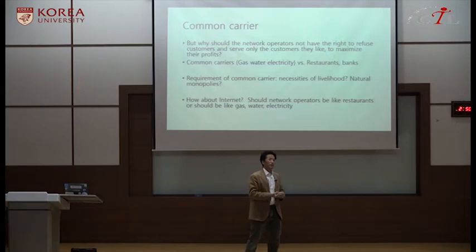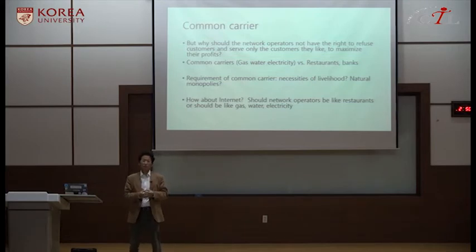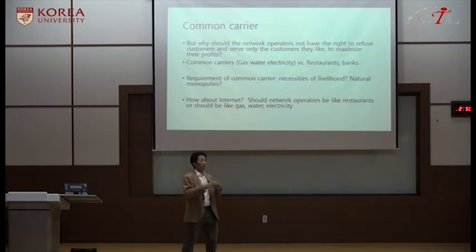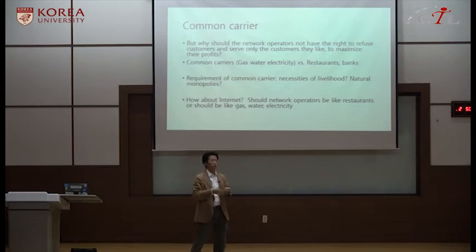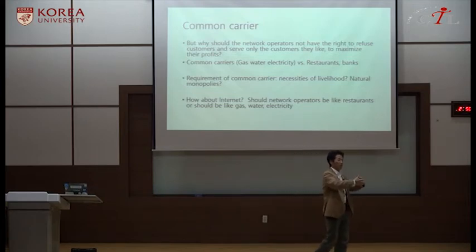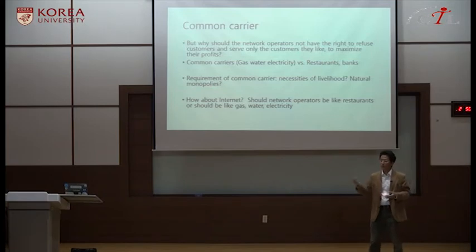That's the analogy you made, but why is the computer network service not like restaurant service? Or even banks. If you want to take a loan from the bank, they'll interview you. They'll ask for your financial background, they'll ask for your employment record, and they'll discriminate on the basis of your financial ability and financial record.